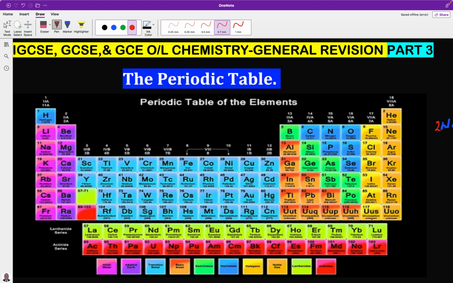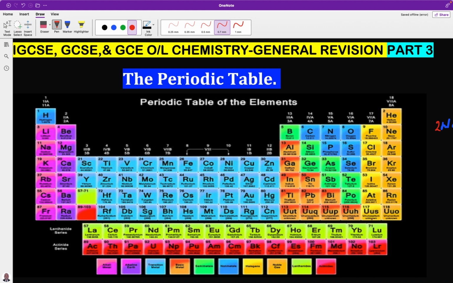This is different from what we saw in the alkali metals, the group 1 metals, where reactivity is increasing downward. But for the group 7 or group 17, the halogens, reactivity is decreasing down the group, or increasing up the group.